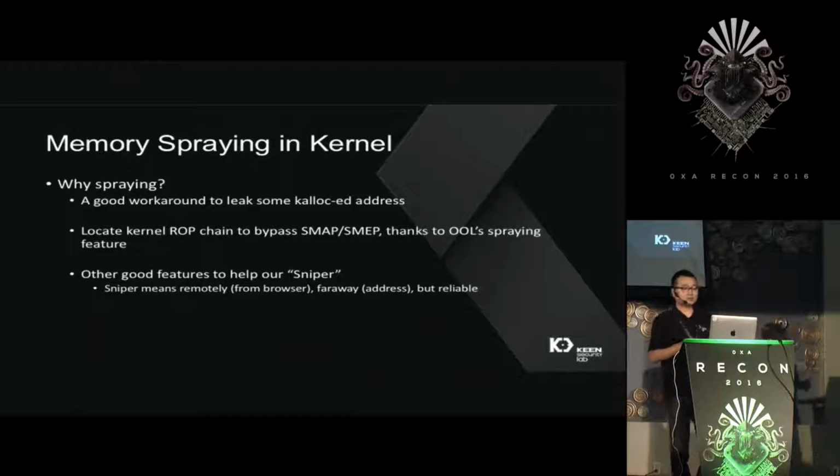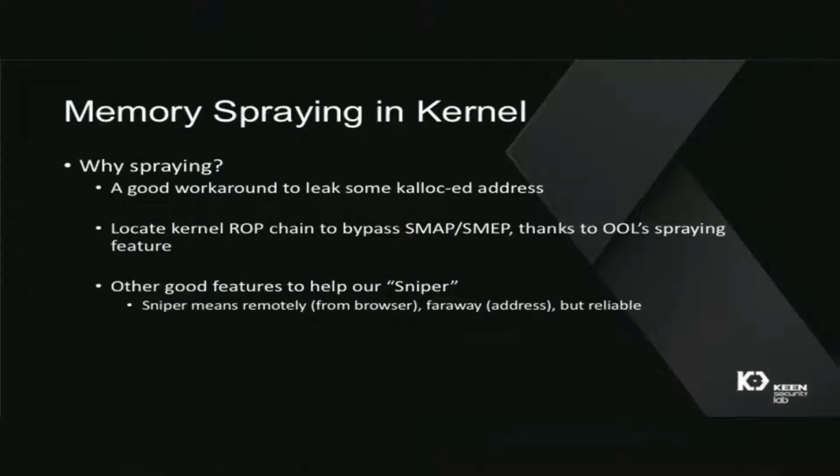After we found that, we should ask ourselves why we need spraying. If you have a very good approach to memory spraying, you get a workaround to leak some kalloc addresses, because to bypass SMEP and SMAP, you have to leak some kernel addresses, and at those addresses you need some controllable data to prepare the ROP chain or something like that.